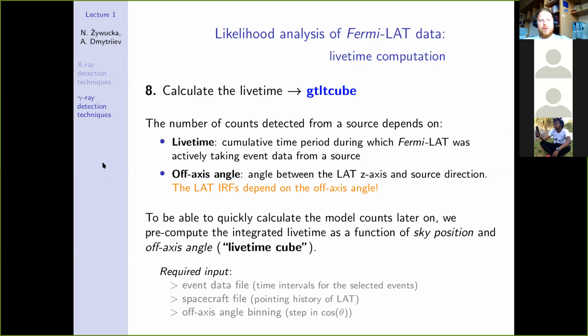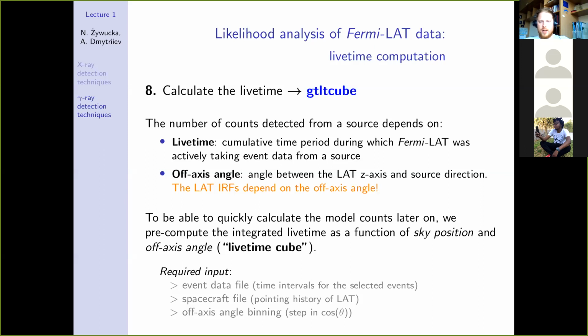So the number of counts you get is typically defined by your flux and the lifetime, the total time you were observing. And very importantly, it depends on the off-axis angle. When the LAT, the instrument, is oriented at a slanted angle to the direction of the source, you will get fewer counts, and this is taken into account by the IRFs.